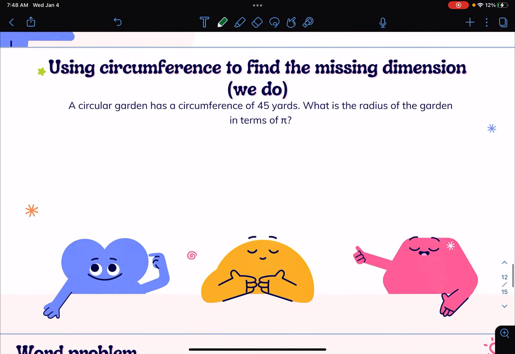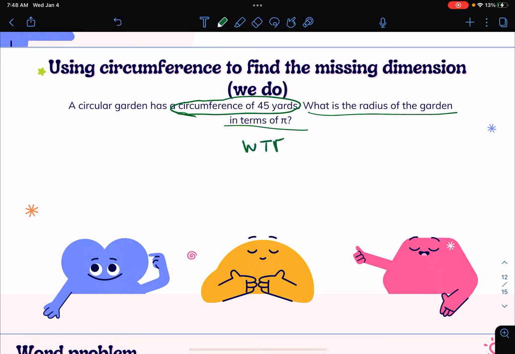All right, so this is our we do. It says using circumference to find the missing dimension. A circular garden has a circumference of 45 yards. So this one gives you the circumference. What is the radius of the garden in terms of pi? So first of all, we're going to write the formula.